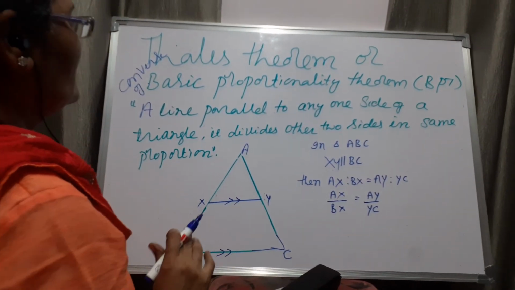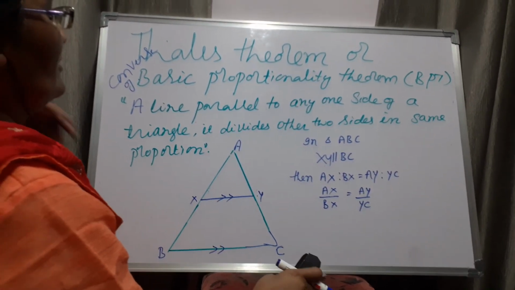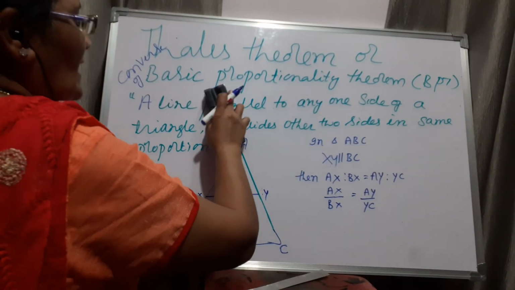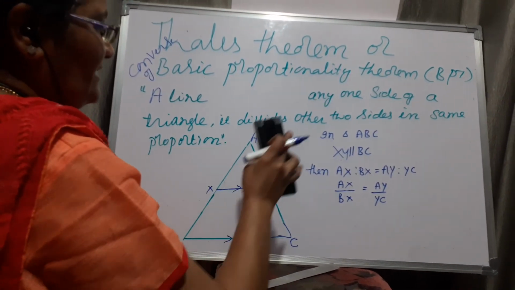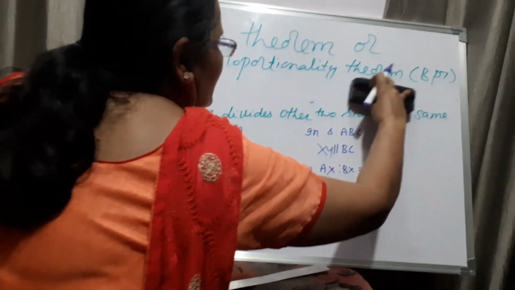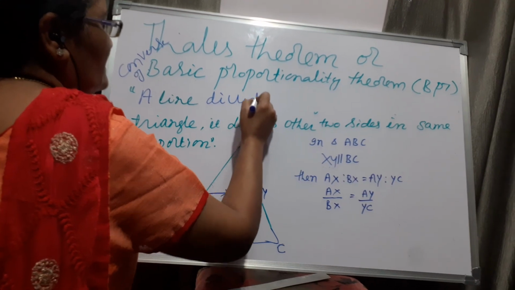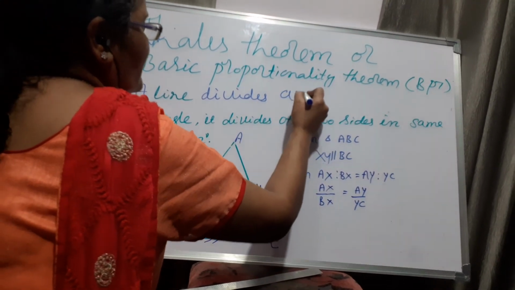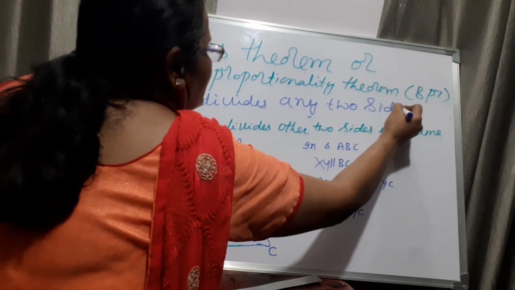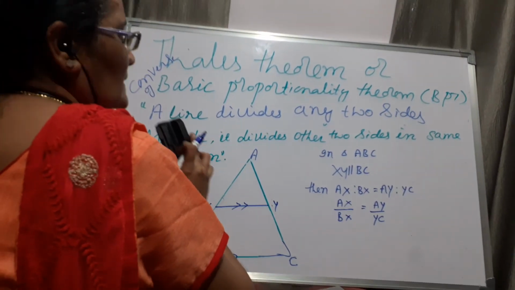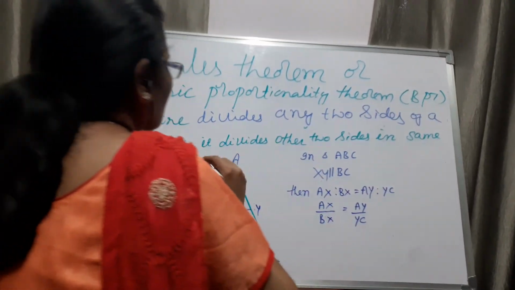See the difference here. In the earlier one, a line parallel to any one side of a triangle. Now I am writing: here I am not taking a parallel line.